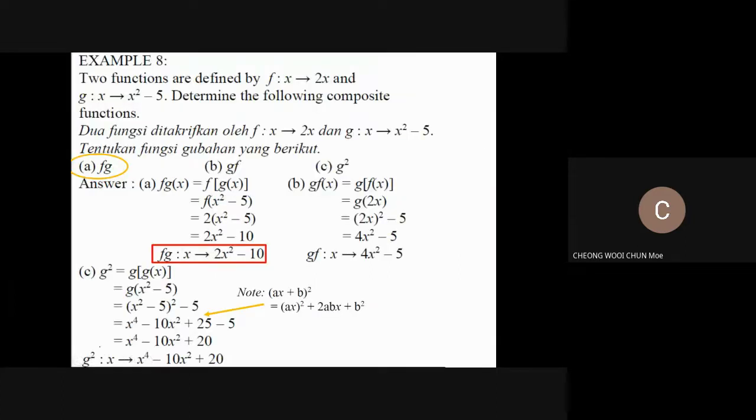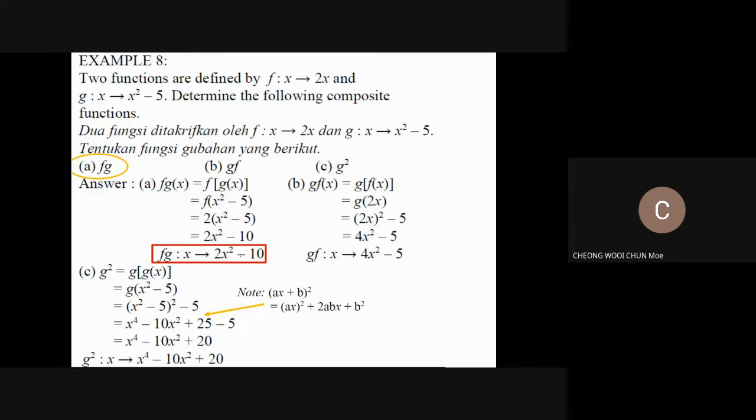So example 8, two functions: f(x) equals 2x and g(x) equals x squared minus 5. If they give the question in this notation form, your answer must be in notation. If your question is given in equal form, f(x) equals 2x, then your answer can be in equal form.